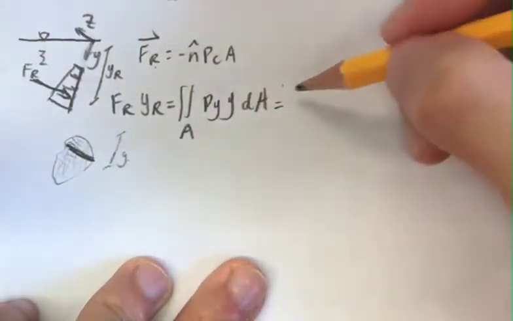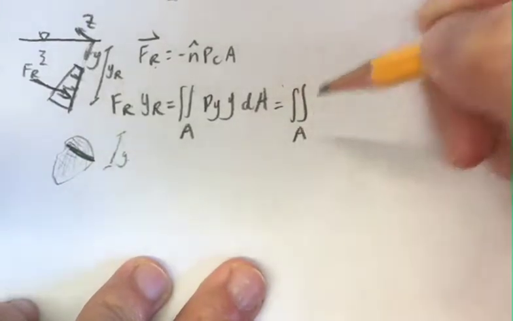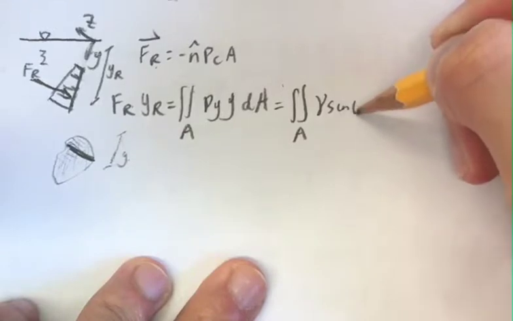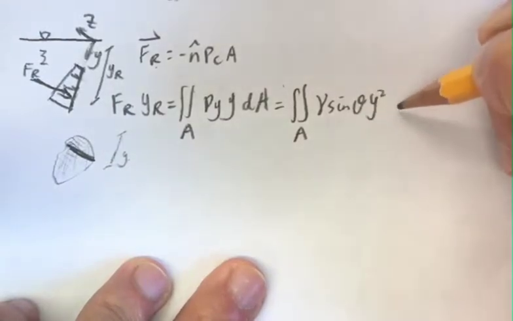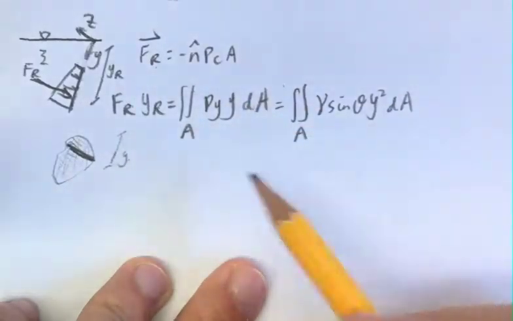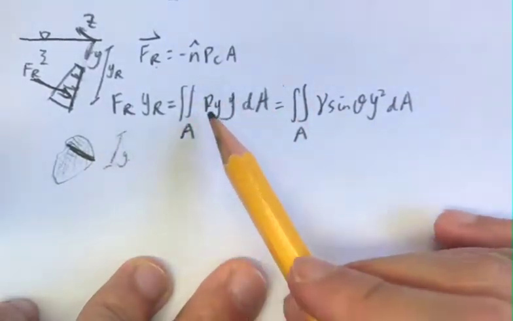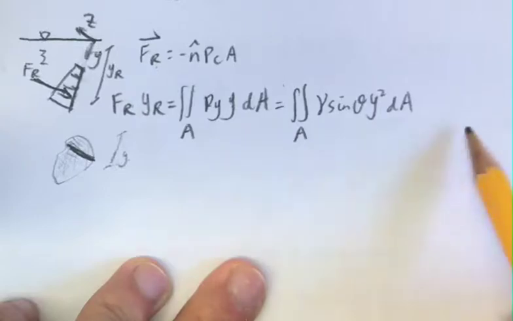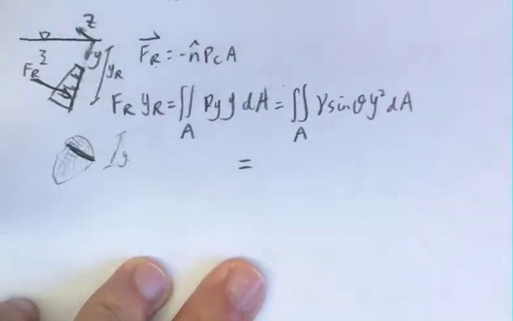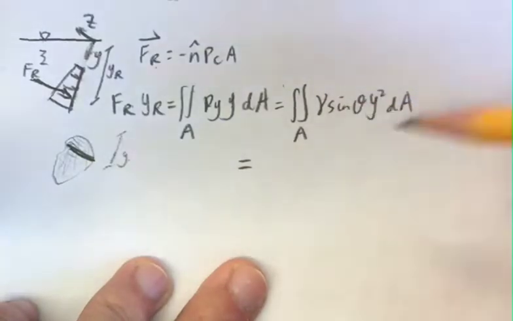We know what Py is, we can write it out. Py is just gamma times sine theta times y, so with dA we have y squared dA, right? Here we have a y, but in Py we have another y, so we end up with this.